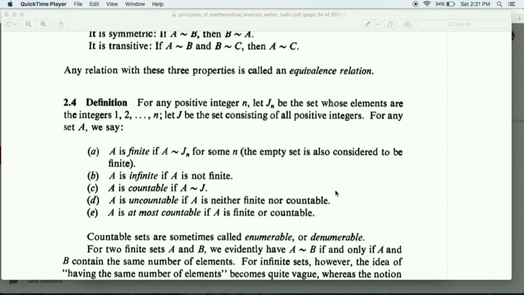We say a set A is finite if A is equivalent to Jn, that is A has a one-to-one correspondence with Jn. So we can enumerate the elements of A as a1, a2, a3 and so on up to an. If we can do this, then we say A is finite. If not, we say A is infinite.